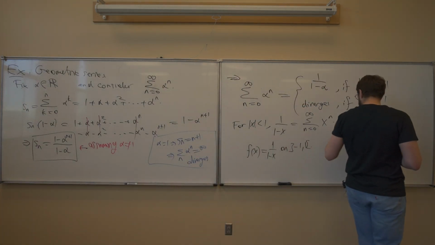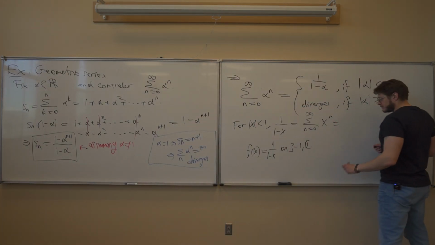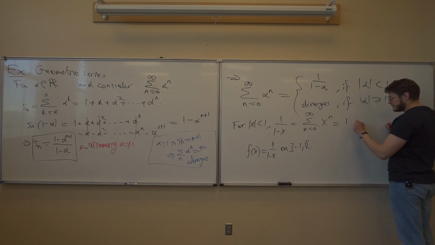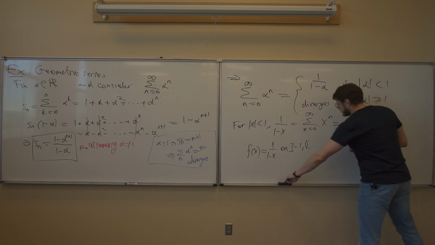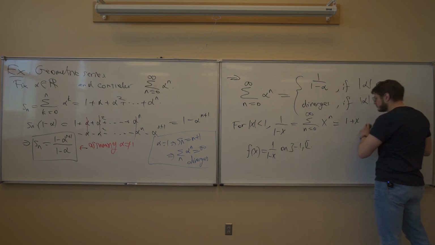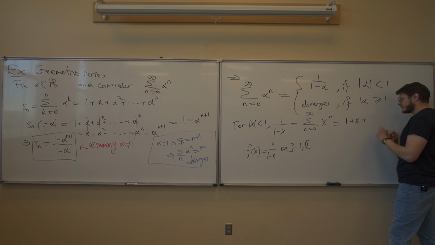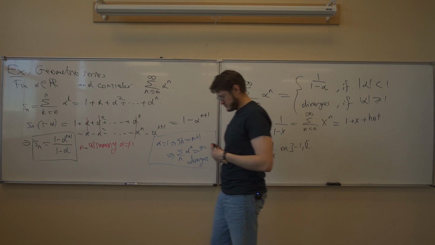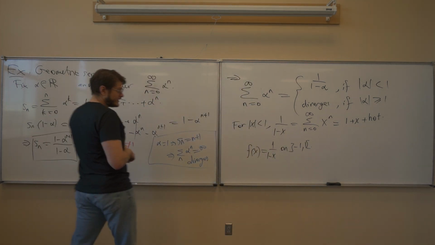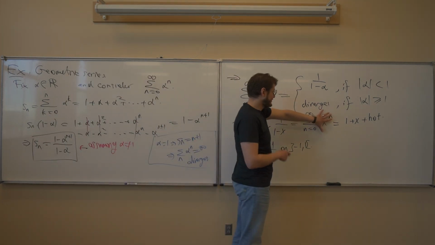Okay, so let's open this up. So what is this? This is 1 plus x squared. Let me just open the first two, and then I have higher order terms. Now, forget about this power series or this infinite series.